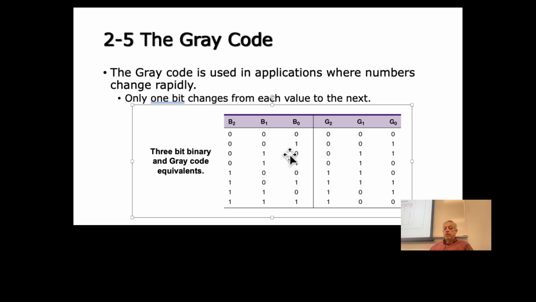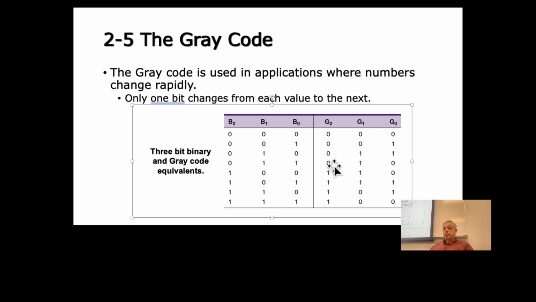So we have to have a different code. The code we use is 000, 001. Now we're going to change the Gray code first column. So it's 011. We've only changed one bit between row 2 and row 3.